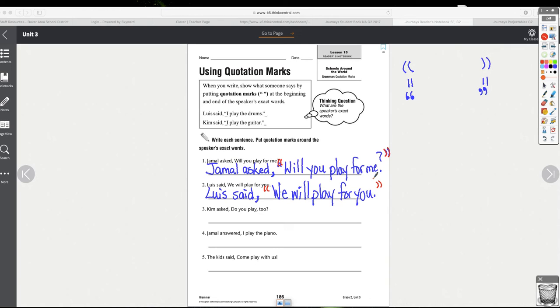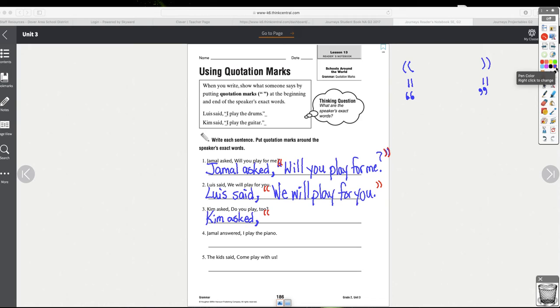So we need to make sure we put our quotation marks around that speaking part. When you start your sentence, it starts exactly the same as it is. Kim asked. And then make sure you put a comma after the word asked because it's right there. They give it to you. Then you start your quotation marks. Do you play too?